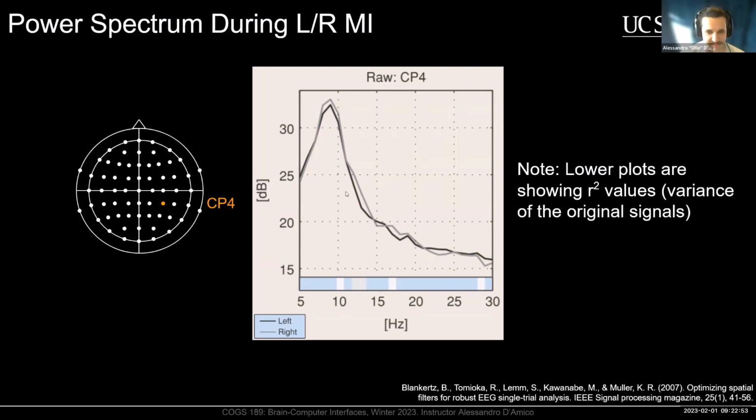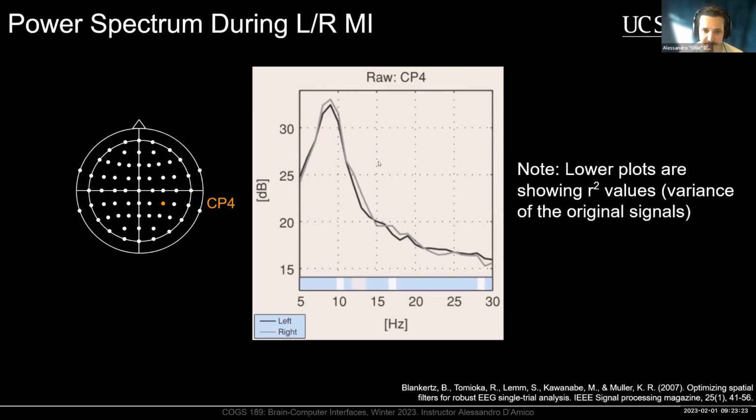What's interesting about this is actually the subject's power is higher over the ipsilateral hemisphere. So in this case, when they're thinking of right hand imagery, we actually see a higher power as compared to left hand imagery over the right hemisphere, which is sort of the opposite of what you would expect in the normal case. I just wanted to point that out.